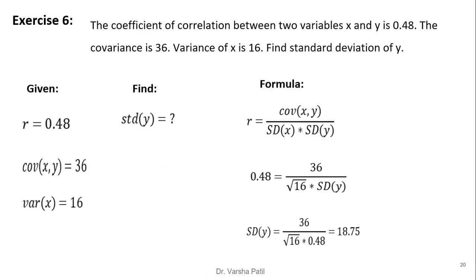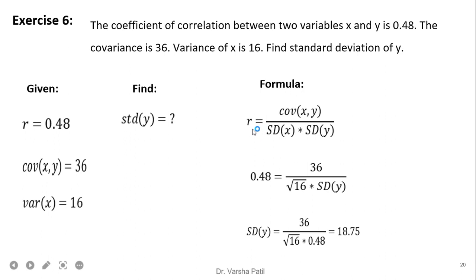The coefficient of correlation between the two variables x and y is 0.48. The covariance is 36, the variance of x is 16. Find the standard deviation of y. Here we need to check what is given in the problem as input. R is equal to 0.48, covariance of xy is 36 and variance of x is 16.